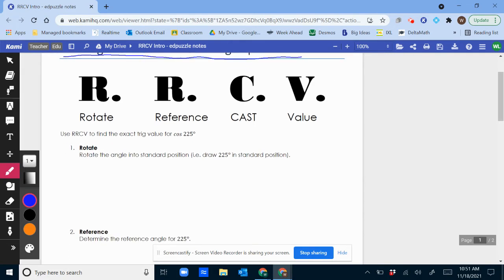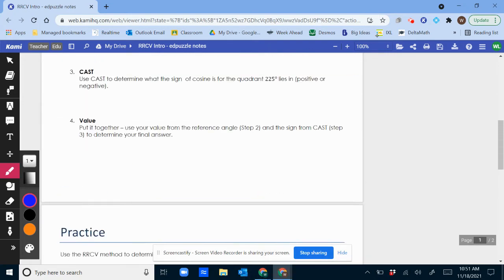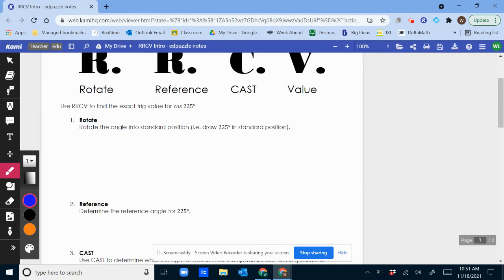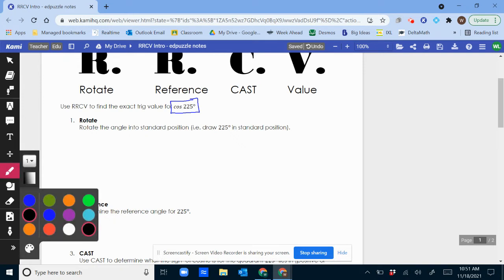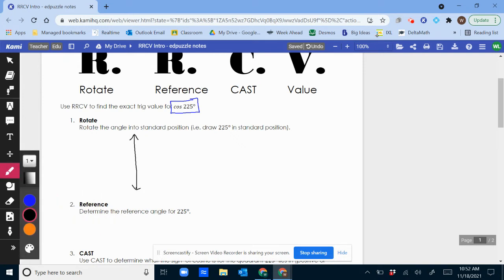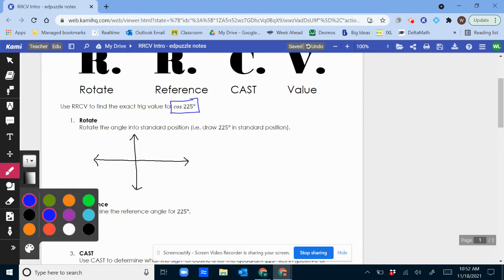RRCV, the first R is rotate. Basically, draw the angle. The example that we're going to do is cosine of 225. Your first step, rotate, means draw the angle. So 225 degrees.